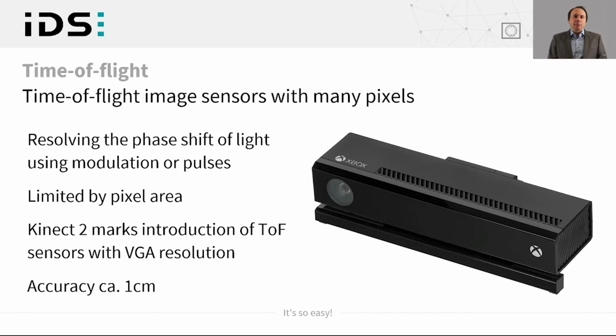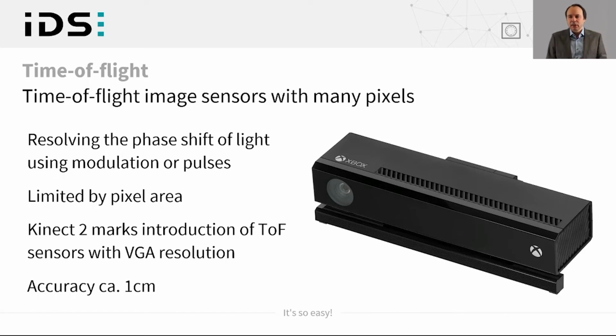In these imaging sensors, you would either resolve the pulses that are sent out, or you use a continuous modulation of the sent out light and you resolve the phase shift when it comes back.